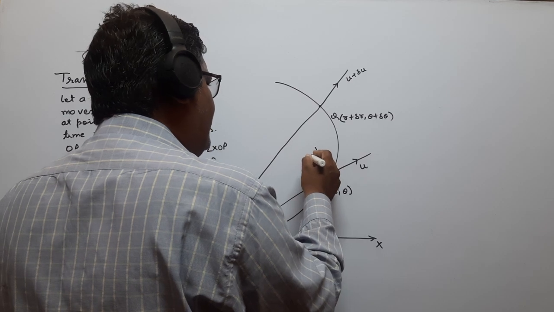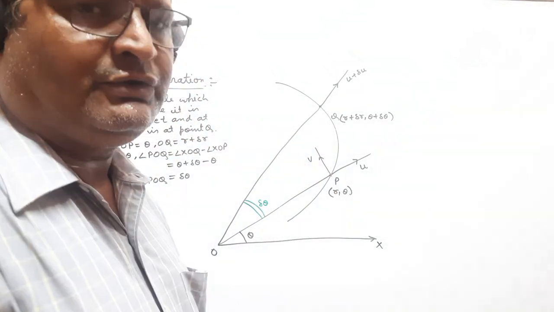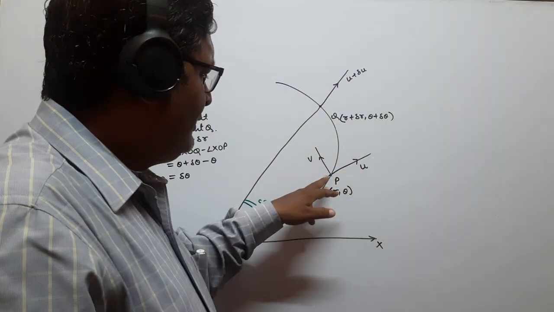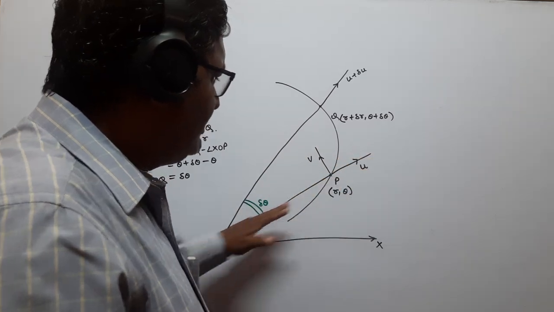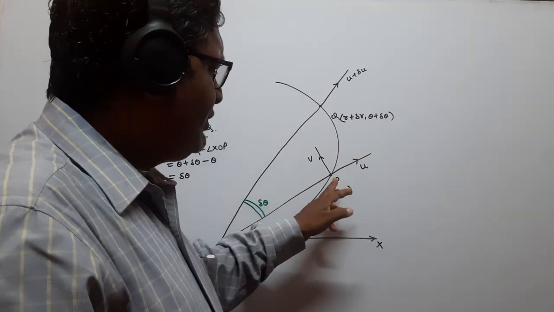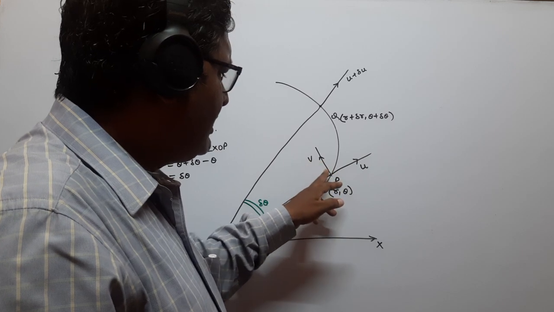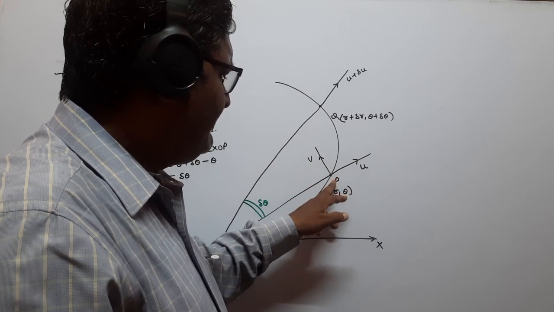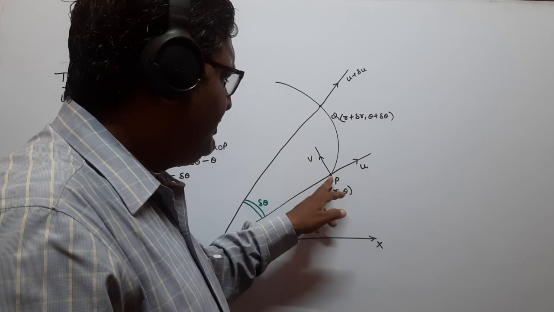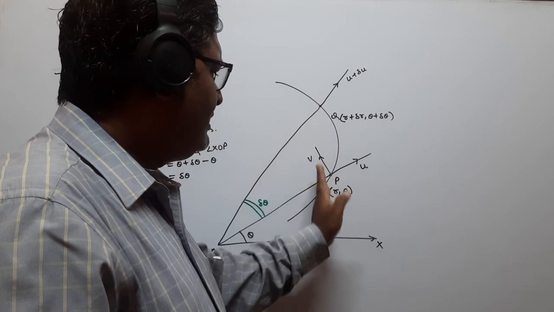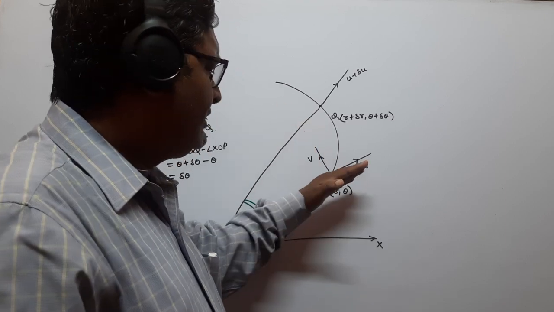So here V is the transverse velocity at P, which is perpendicular to the radius vector OP.